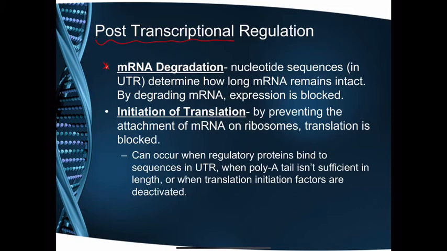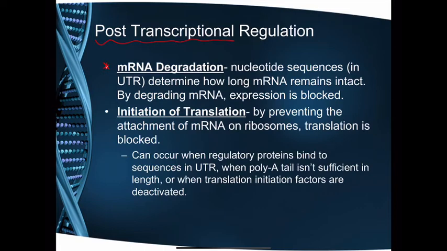If it's degraded pretty quickly, which generally it is, specifically in bacteria, where it's usually degraded within a couple of minutes, then it's not going to be translated into many more proteins. So that is one way that we can either keep producing more proteins by allowing it to remain, or discontinue the production of proteins by causing the mRNA to be degraded.